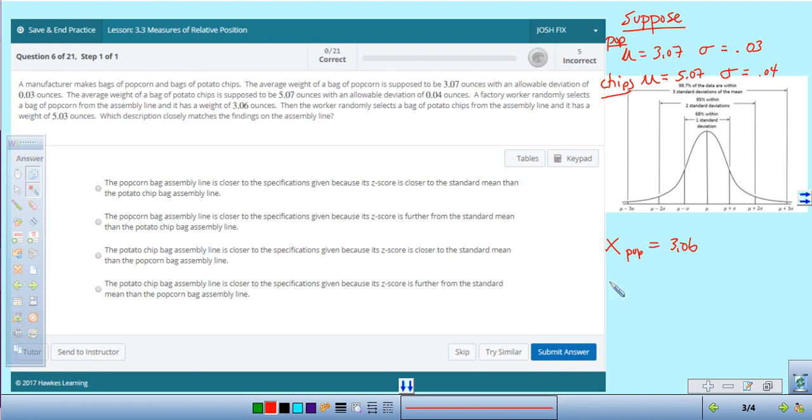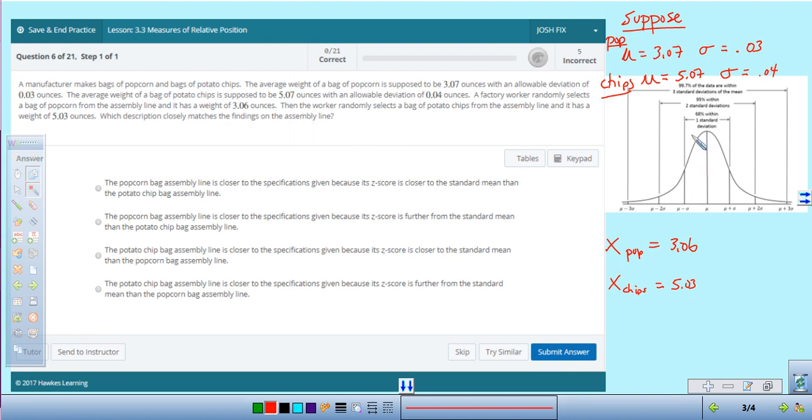And then the worker randomly selects a bag of potato chips from the assembly line, and the sample weight, the X value of the chips, is equal to 5.03. So the question is, which description closely matches the findings of the assembly line?